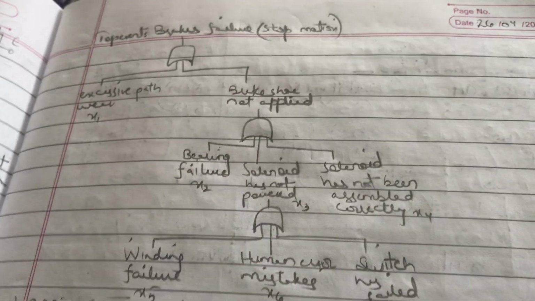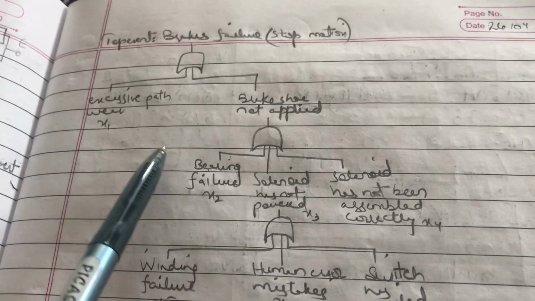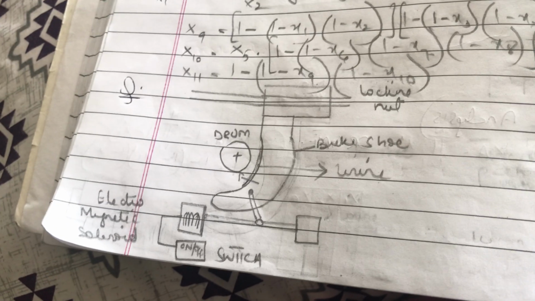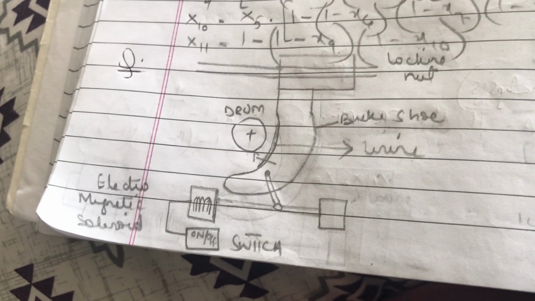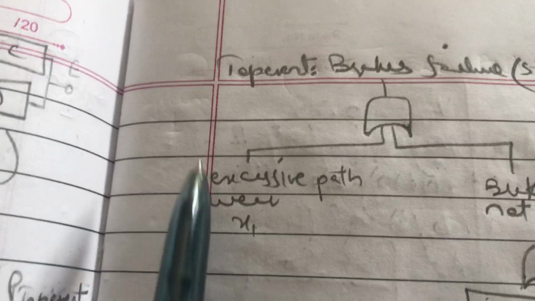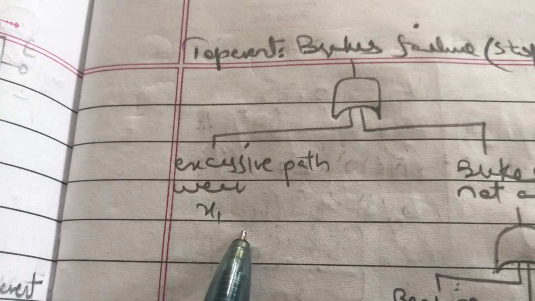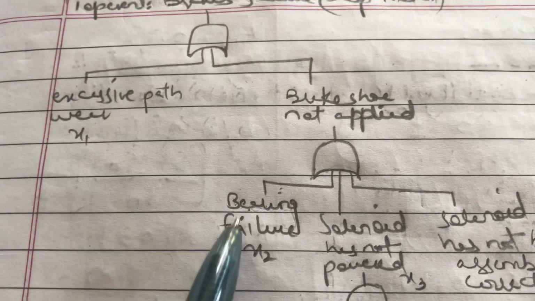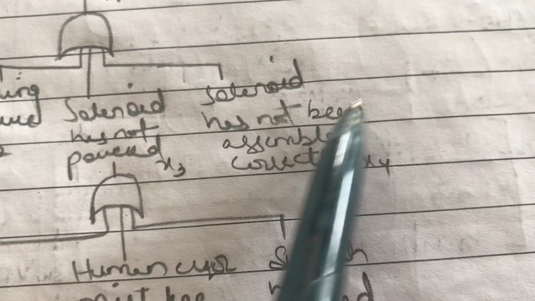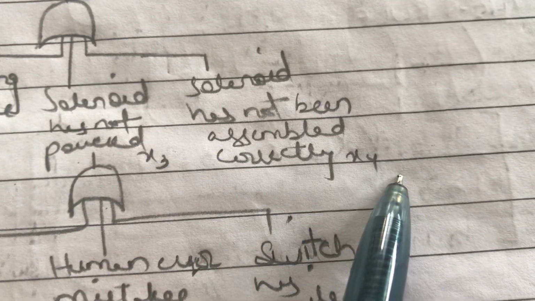So this was the method. It is a short one. For our brakes that have stopped motion, brakes have failed, and we name the first one as x1. Bearing failure is x2, solenoid has not powered is x3, and solenoid has not been correctly assembled is x4.